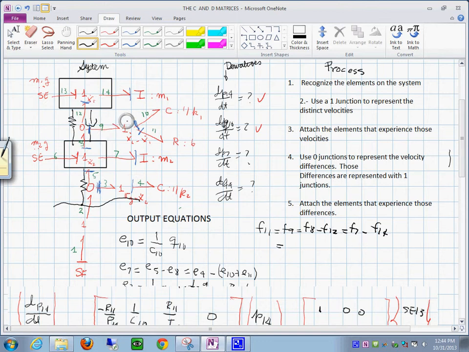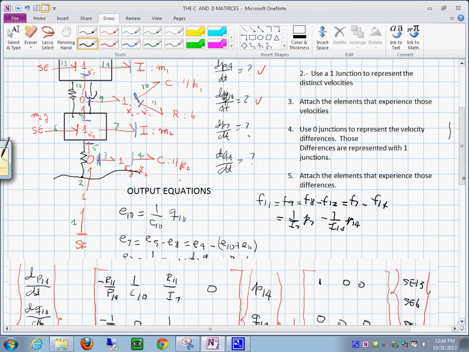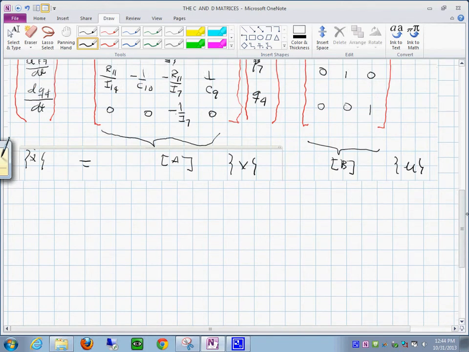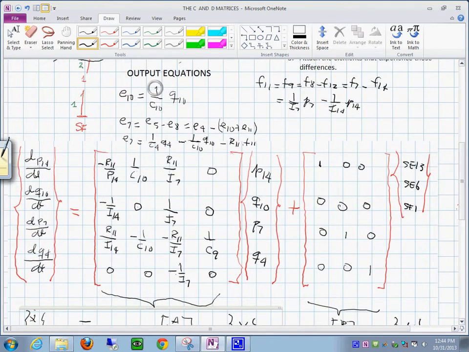This F7 is 1 over I sub 7 P sub 7, and this is minus 1 over I14 P14. And so if we substitute that in the equation down here, we will have the whole equation for the output that we're looking for, this E sub 7.